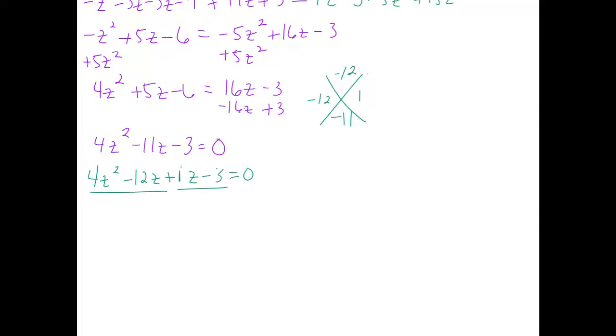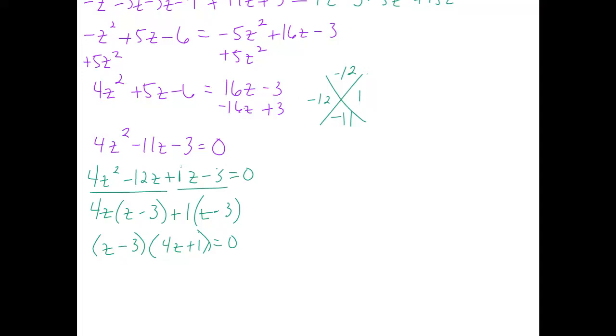Group, and we can take out a 4z here. So we'll be left with z minus 3. And that's already pretty much in place, so I'm just going to put plus 1, and there's our z minus 3. So our factors that we can then set equal to 0 are going to be z minus 3 and 4z plus 1.